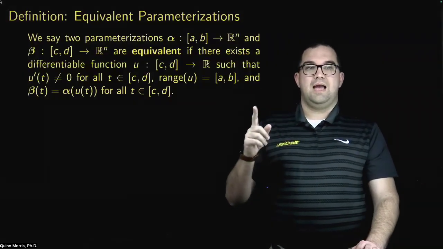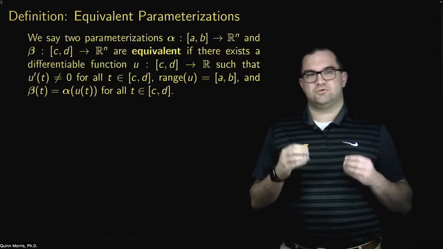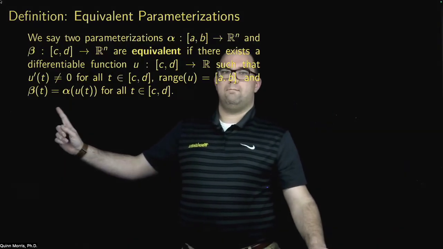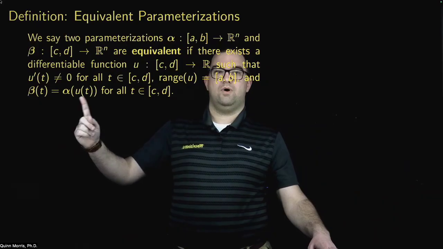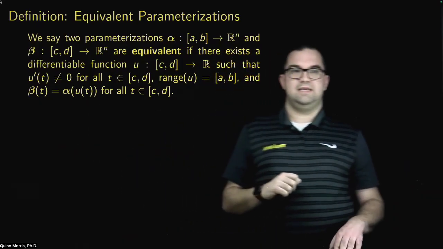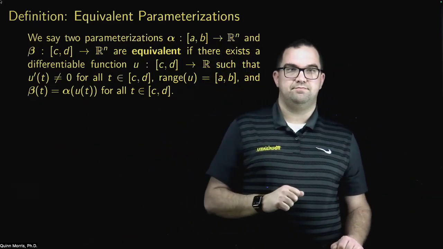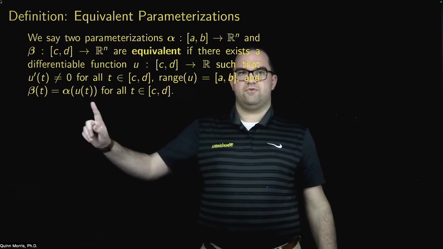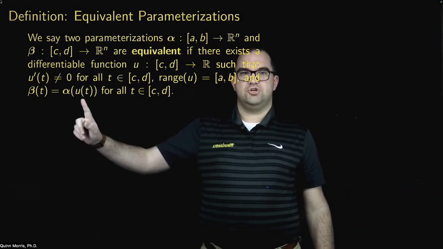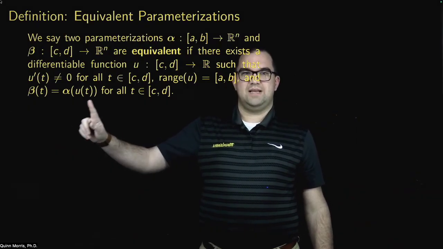And then finally, and this is the key to the change of variables piece, we want beta of t to be equal to alpha of u of t for all t in the closed interval CD. As we state this, what we're looking for is this differentiable function u. This u is our change of parameter.